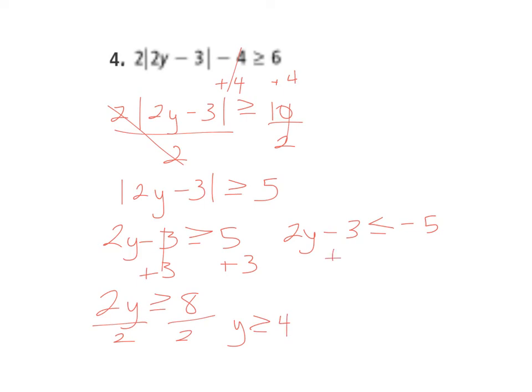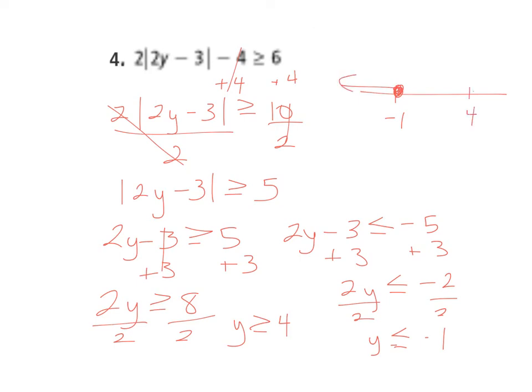Over here I'm going to add 3 to both sides. 2y less than or equal to -2. Divide both sides by 2. Y is less than or equal to -1. Graph it up here. -1, I have a closed circle going to the left. +4, closed circle running to the right.